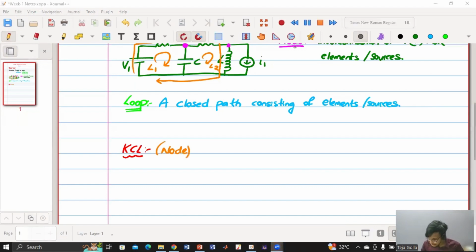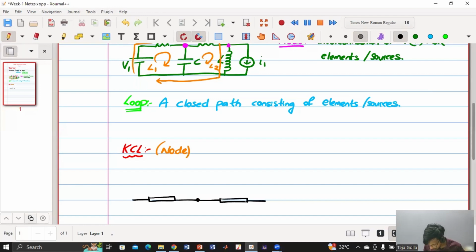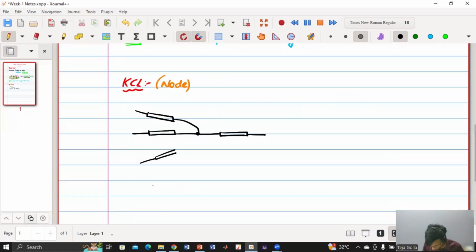Let me consider one example which sir has considered already in his lecture. So I am using the same one. Sir has considered one circuit like this. This is connected here, and sir has connected another element, something like this. So these are I1, I2, I3, and I4.